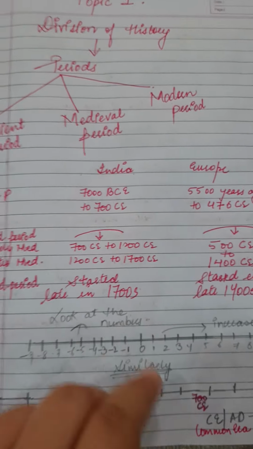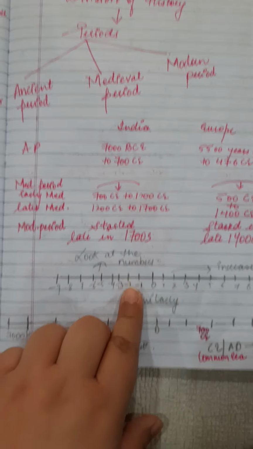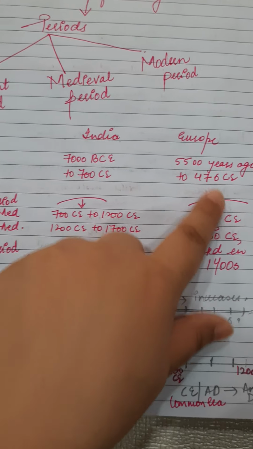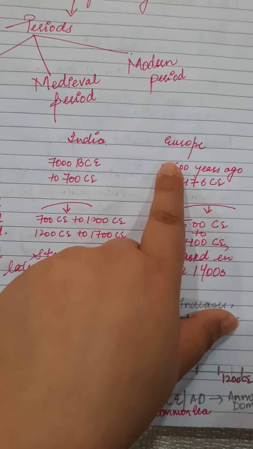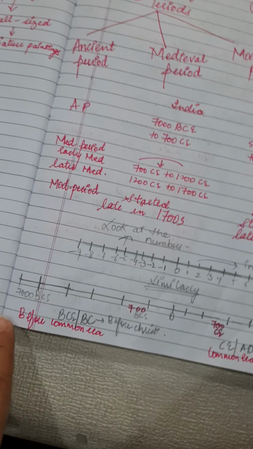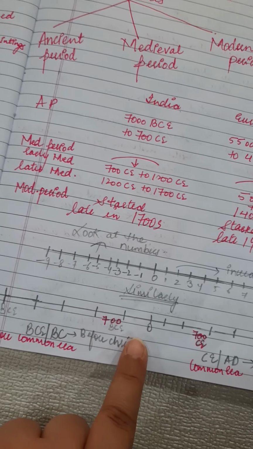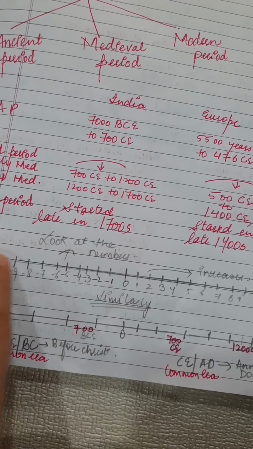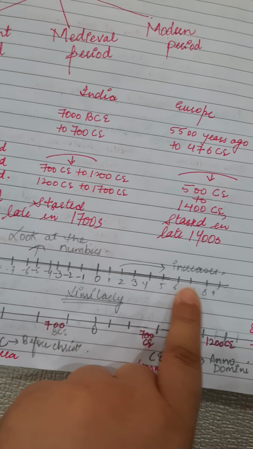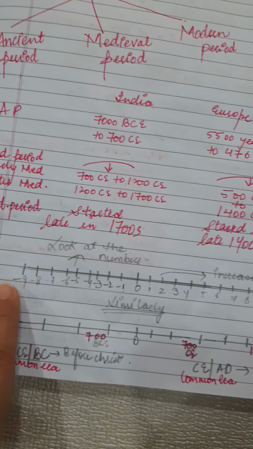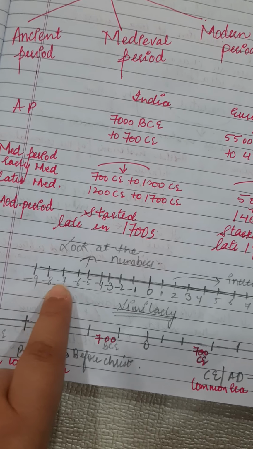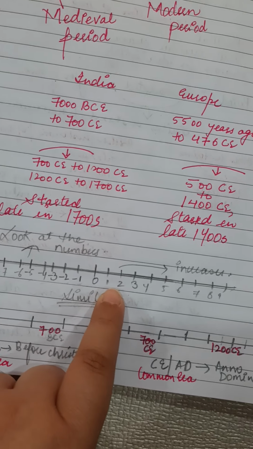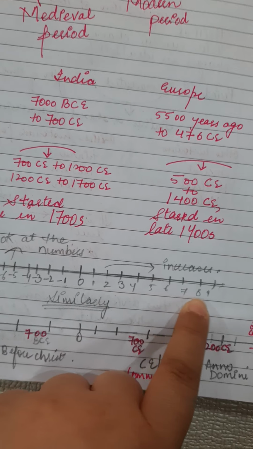Further, let us compare the history of India and Europe when it comes to the timeline. Before we look at these figures, we need to understand the concept of a timeline. This concept says that if you put 0 over here as in mathematics, similarly the numbers on this side are decreasing, but actually they are increasing in the minus direction.